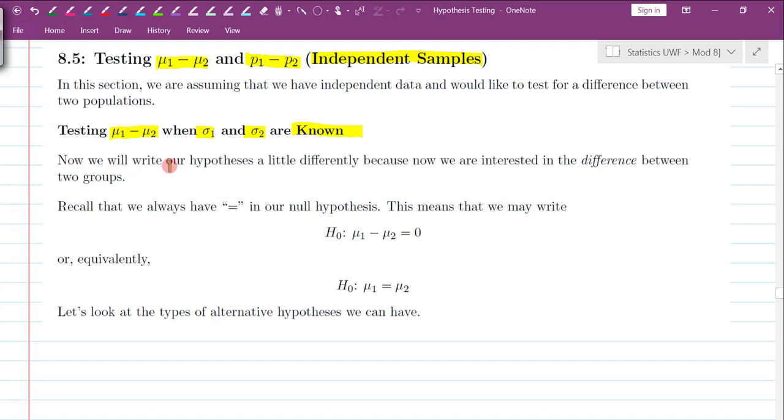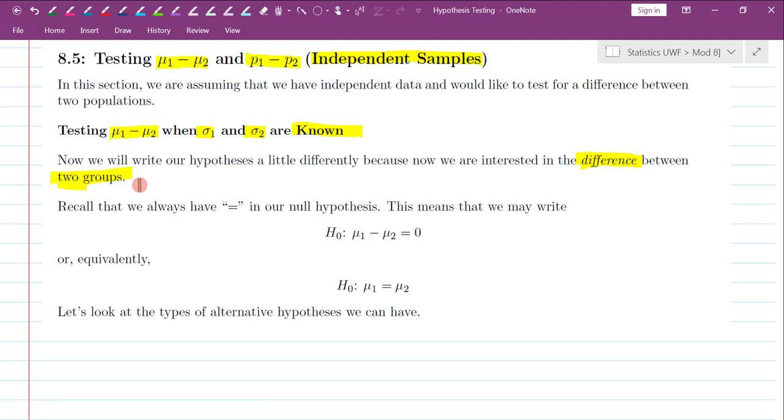Now we're going to rewrite our hypothesis a little differently than what we've been doing, because we're now interested in a difference between two groups. So think about it like this. I want to test the effectiveness of maybe flea control on dogs versus cats.